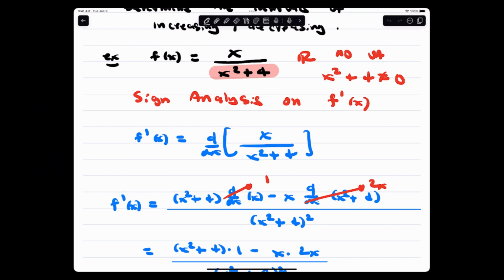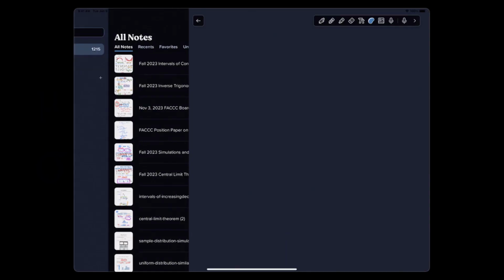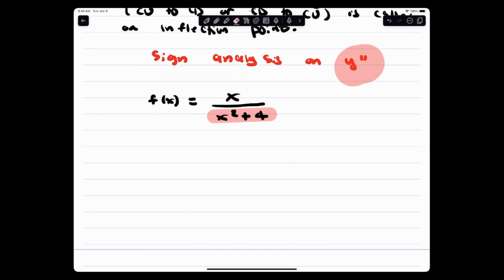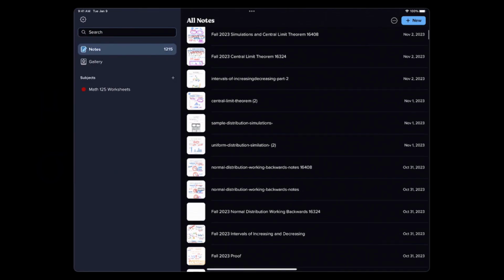Let me do the following here. I'm going to copy that, and let me also copy the first derivative. You guys remember that? First derivative on intervals of increasing, decreasing.